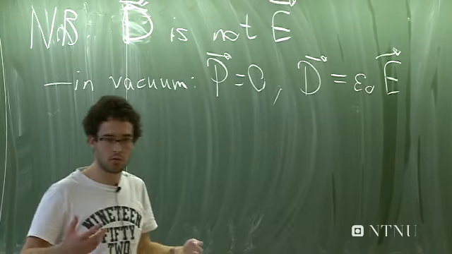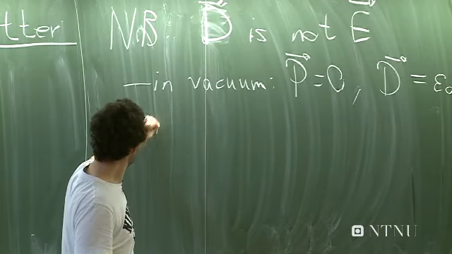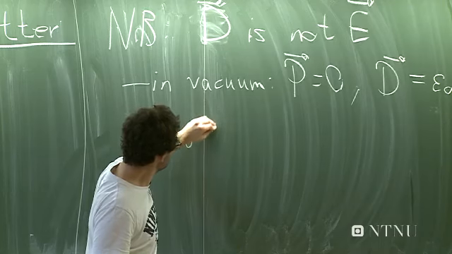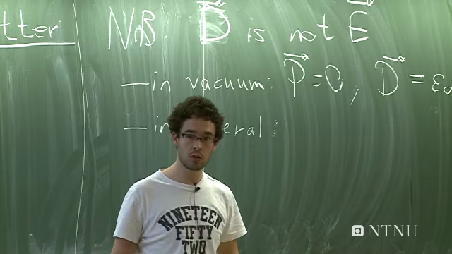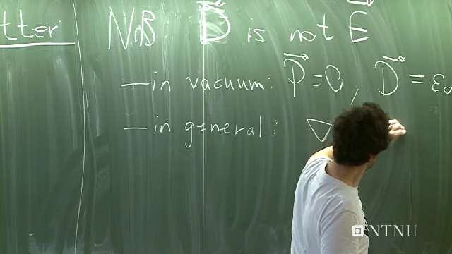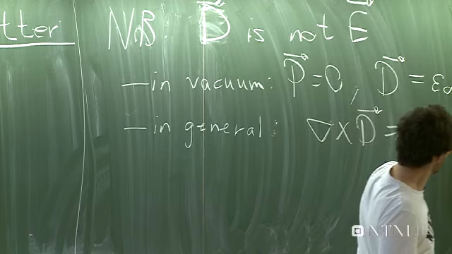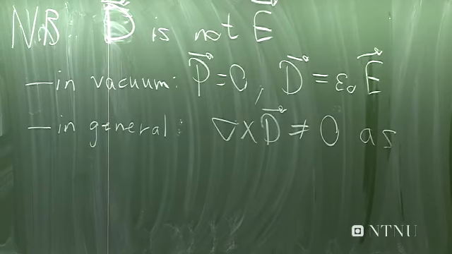A constant here doesn't change much. But in general, the curl of the D field is not equal to 0. The reason is, of course, that the polarization does not necessarily have a curl equal to 0.